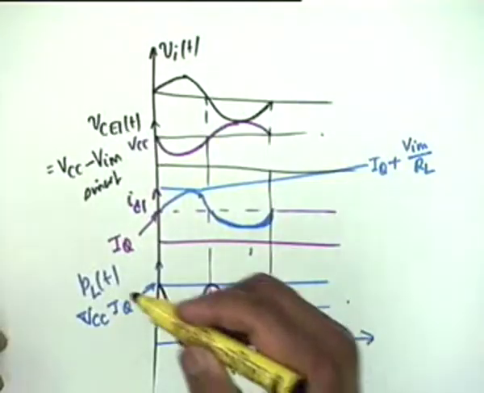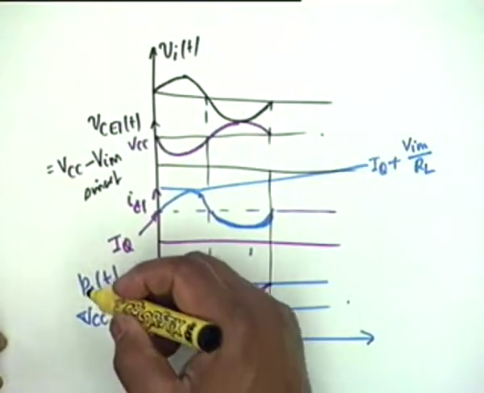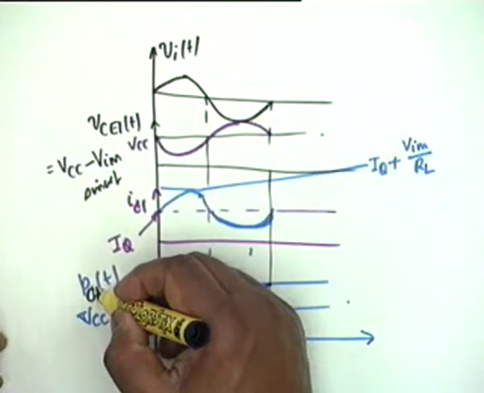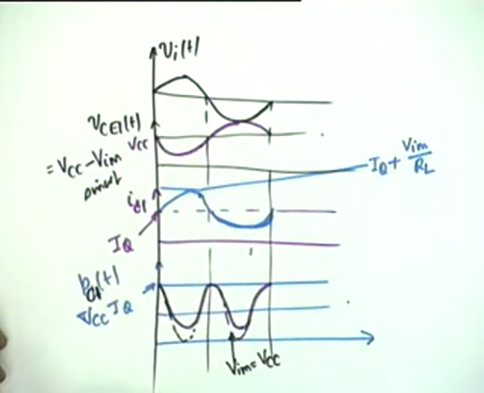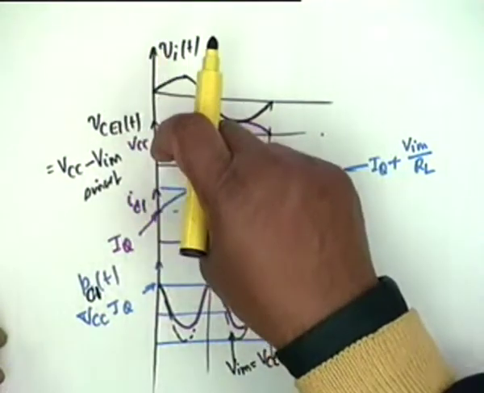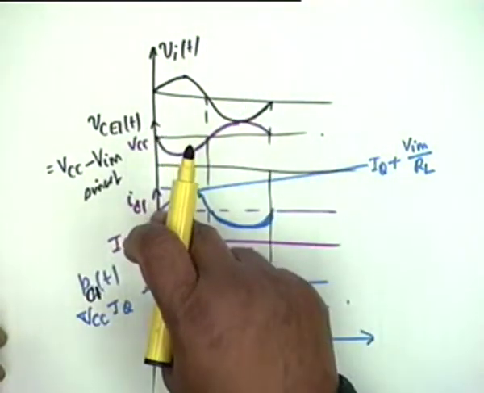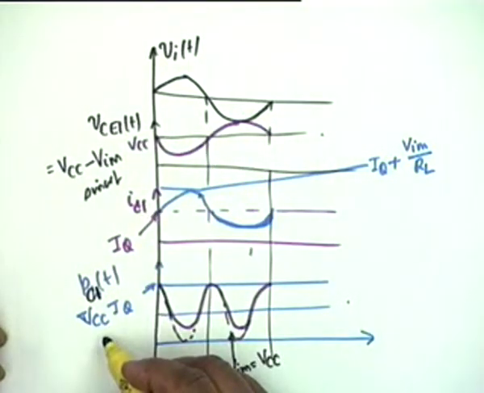This is not PLT, this is PC1T. This is the power dissipated in the collector, VCE1T multiplied by IC1. Okay, so I made a mistake here.